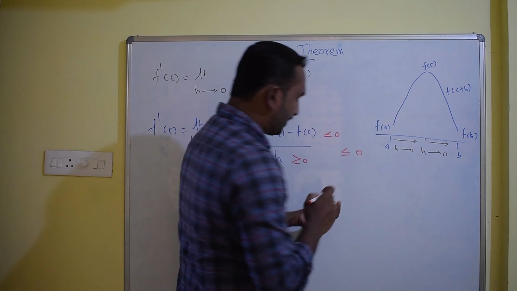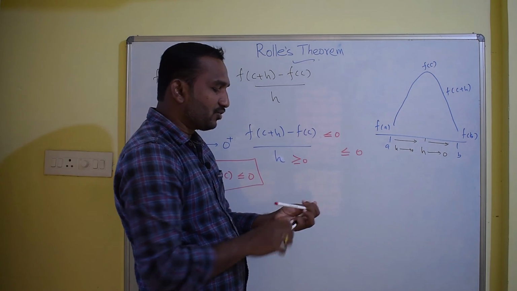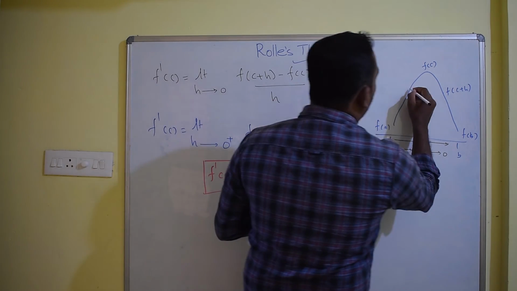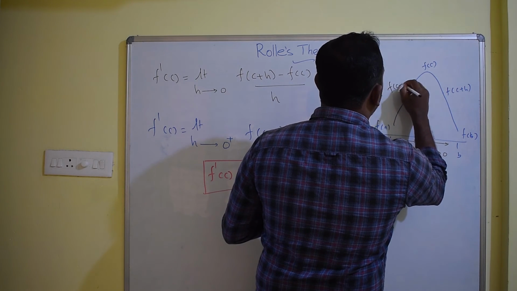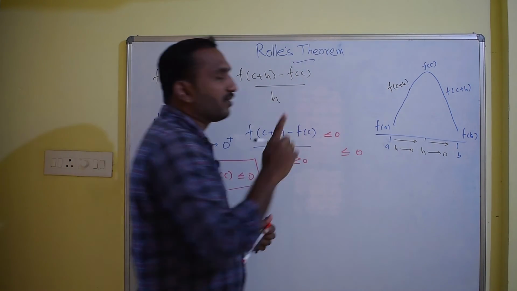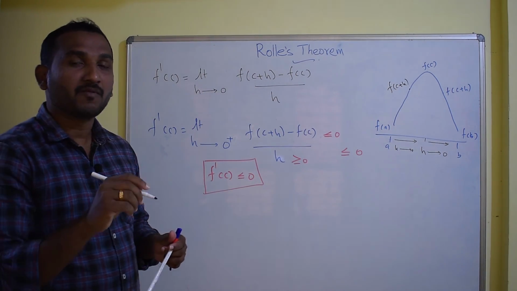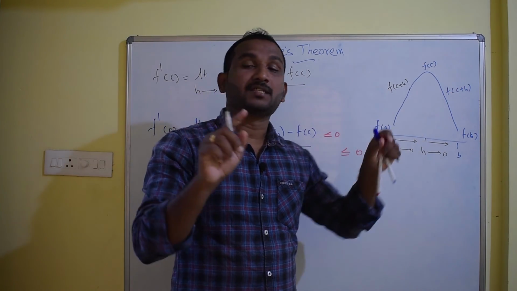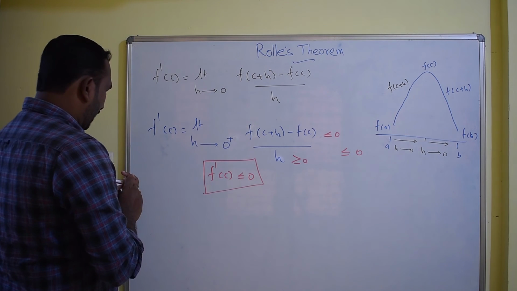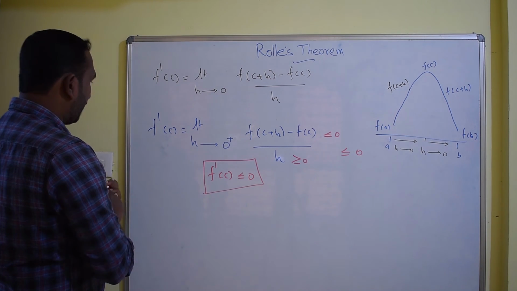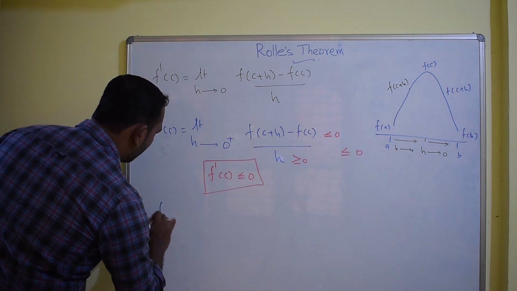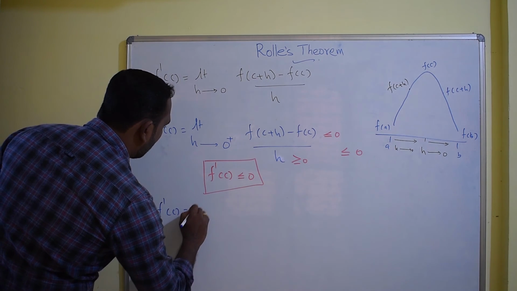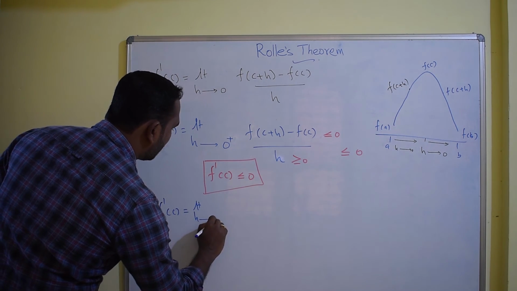If it is the left hand side, same thing, I will choose another point in this place. Let it be some f of c plus h. Okay, so I told you this is also a minimum value because f of c is the only point which is the maximum. Now again we can do this. f dash of c is equal to limit h tends to 0.